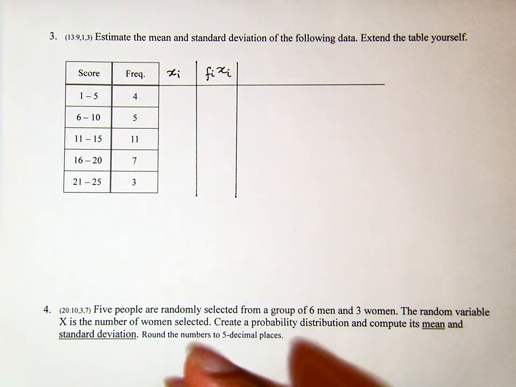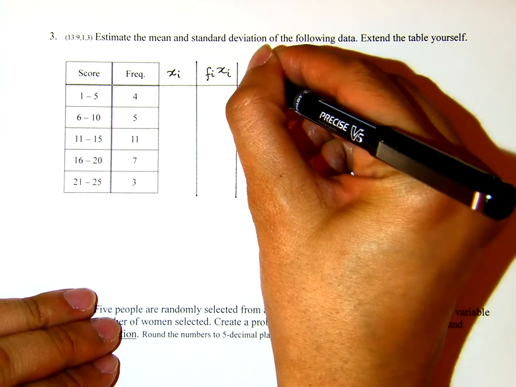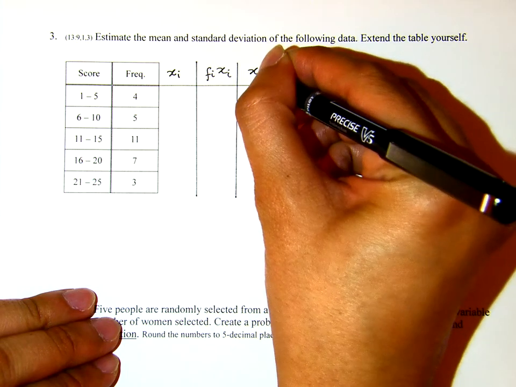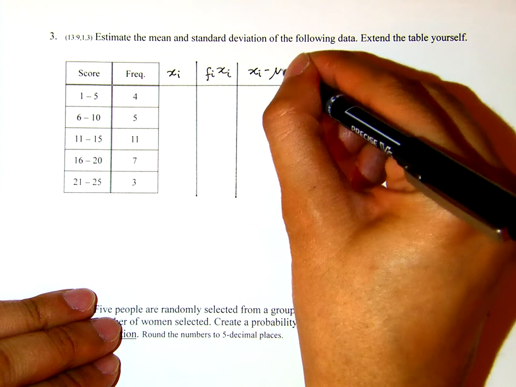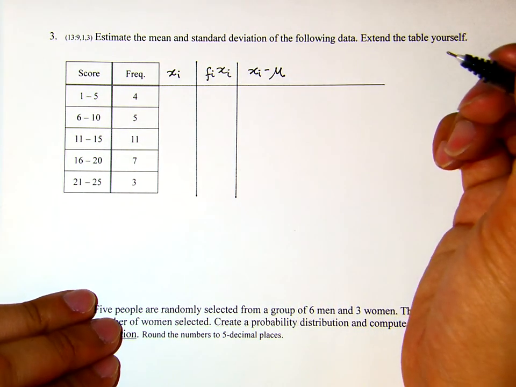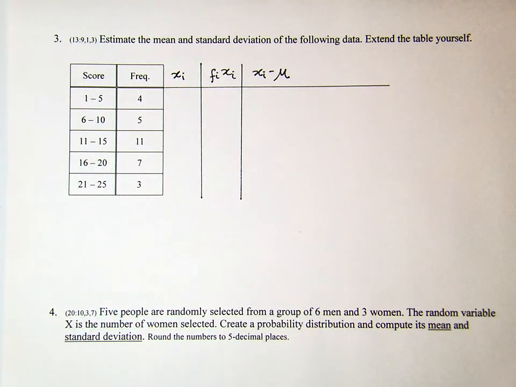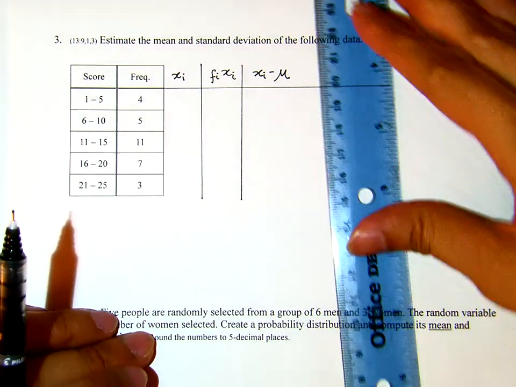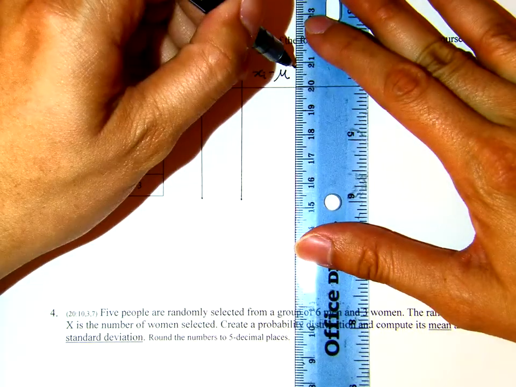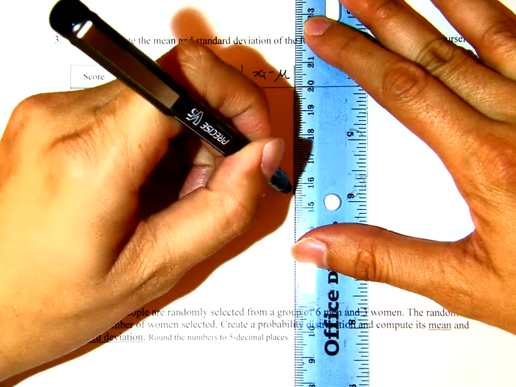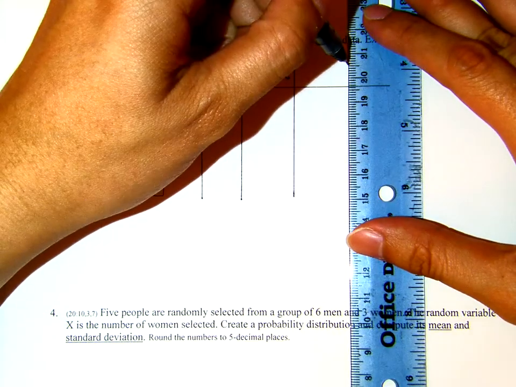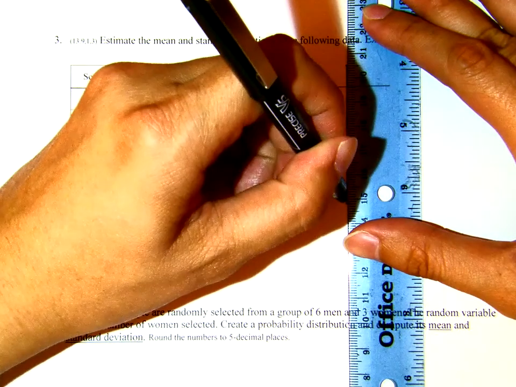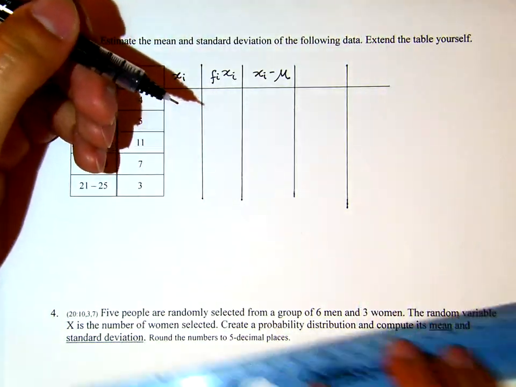And then after that will be the error, because we assume that's a population, so this will be x minus mu. After this we're going to square it, and then from there we multiply by the frequency.